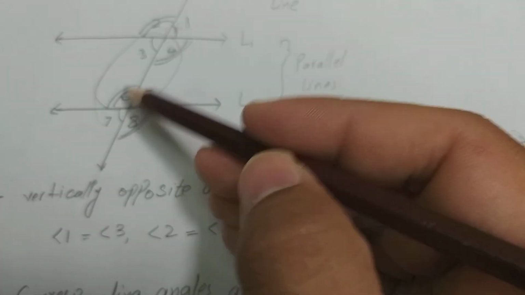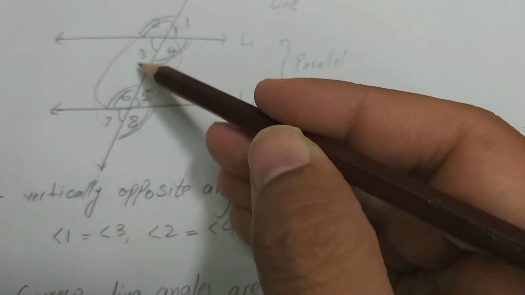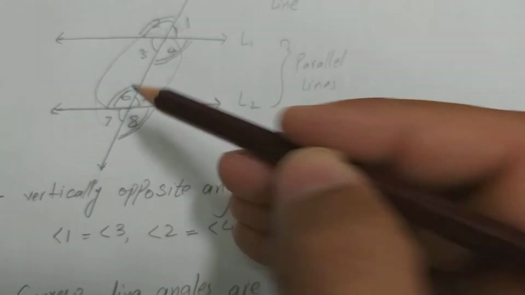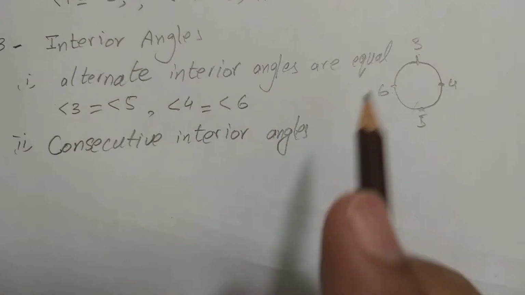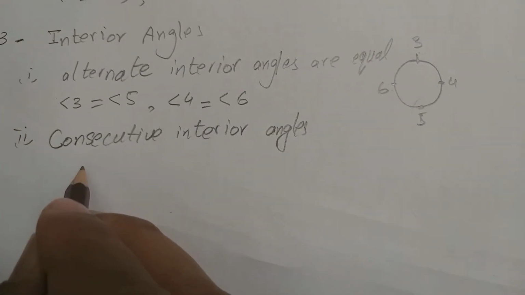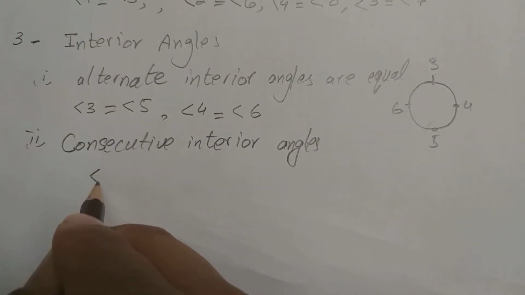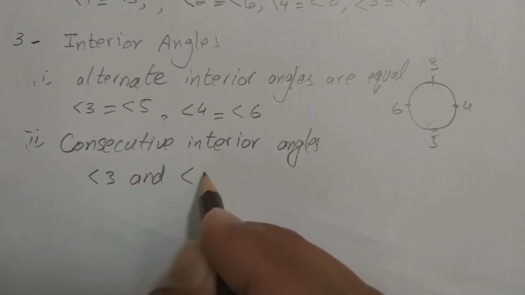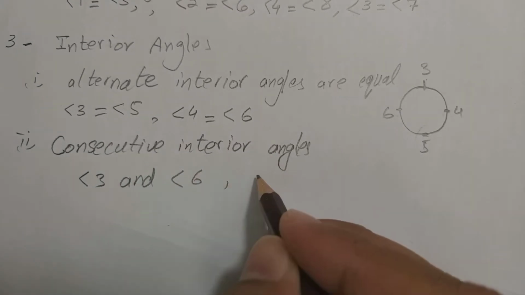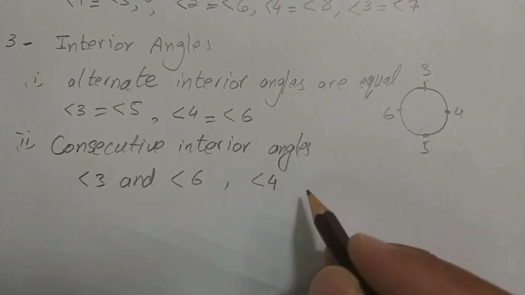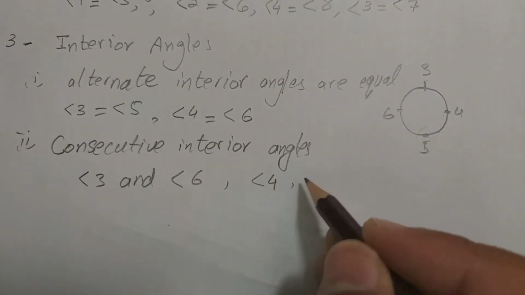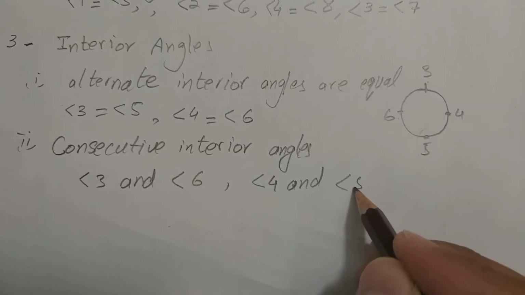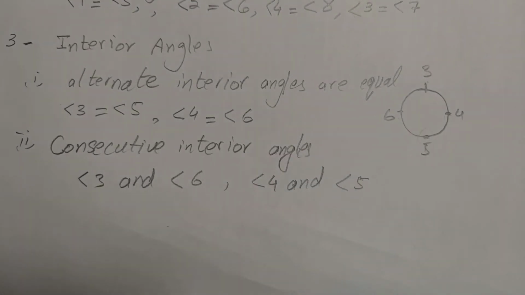So 3 is consecutive with 6, and 4 is consecutive with 5. So consecutive angles 3 and angle 6, 4 and angle 5. They are consecutive angles.